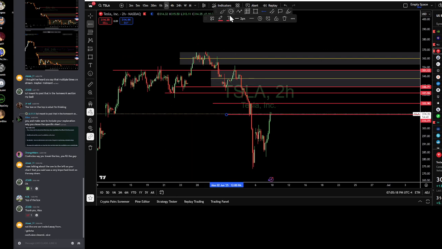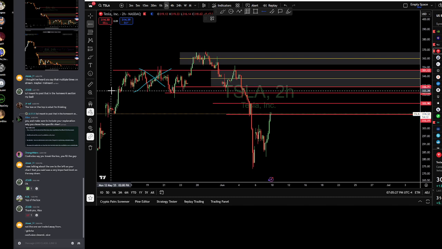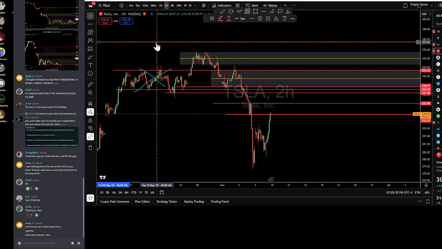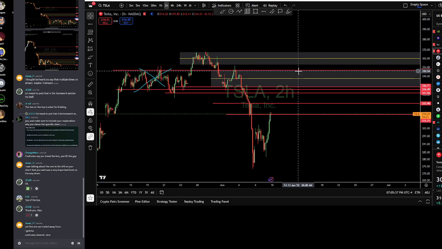So now this box is no longer used for specifically a punchback. Its floors and ceilings will still be very relevant, but will typically have always been transformed into the most recent price action.